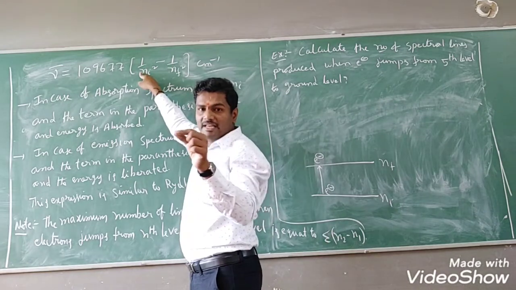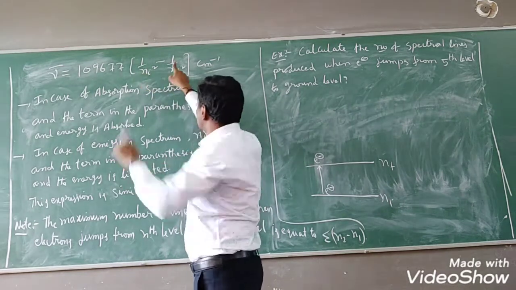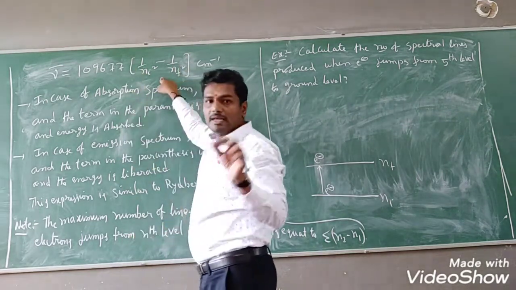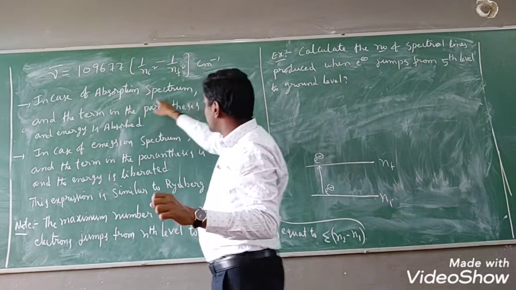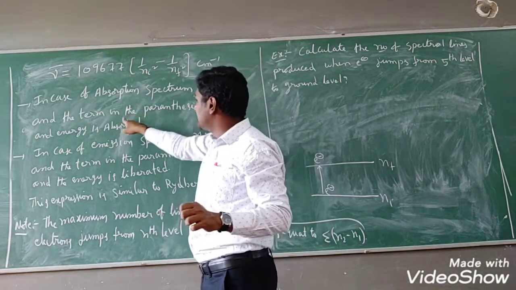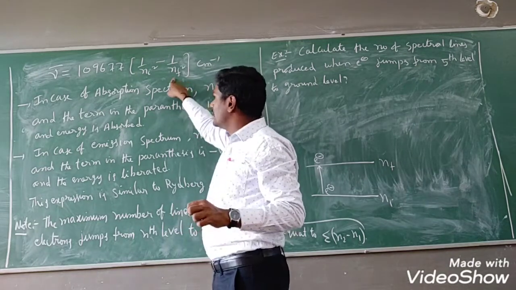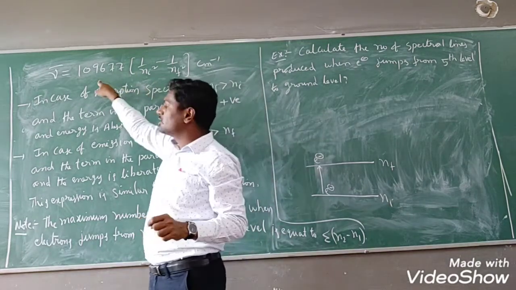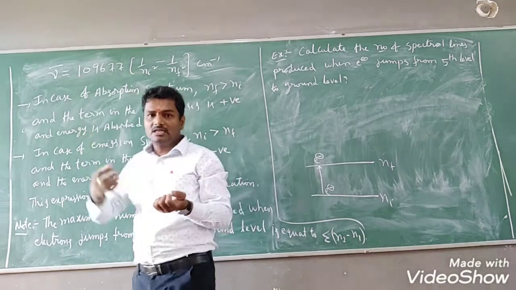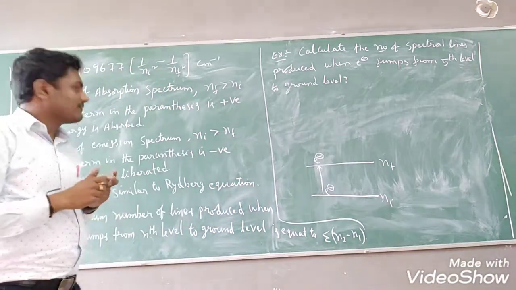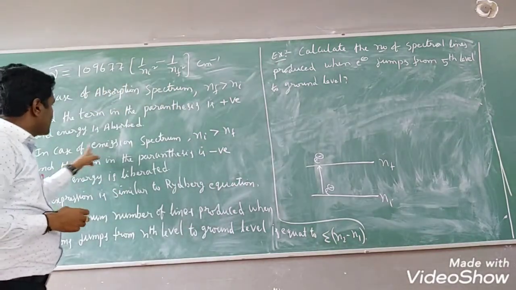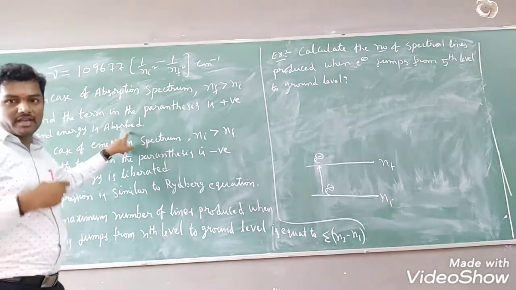Big value minus a very small value is positive only. So in case of absorption spectrum, Nf is greater than Ni, and the term in the parenthesis is positive. Positive into positive gives a positive value. So energy is absorbed, we can say, students.